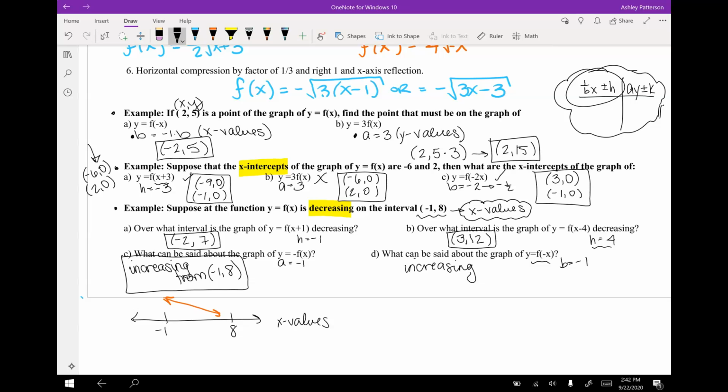When there is a reflection, the direction of growth or decreasing changes. But if it is a horizontal reflection, that means that our x values are also affected. So we are now not just increasing like we saw in C. We are now increasing from -8 to 1. Yep, the x values change their sign. We have to list it from smallest to largest.